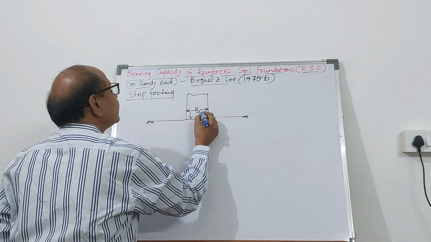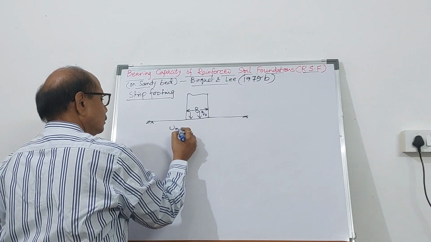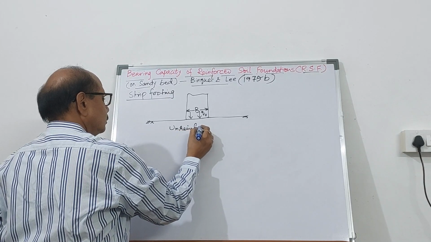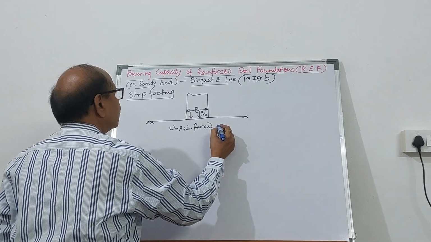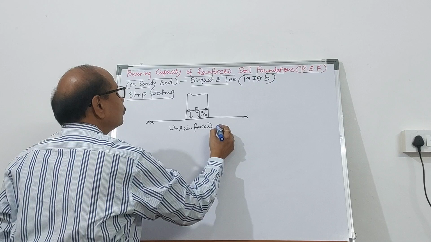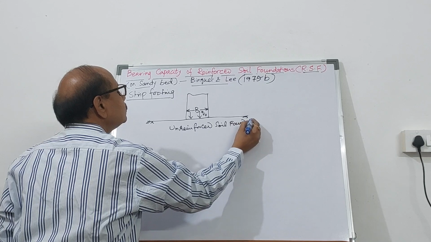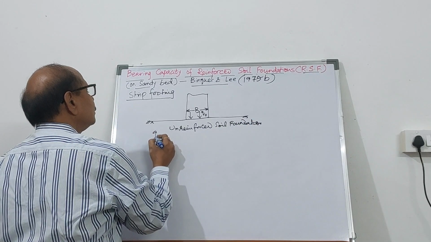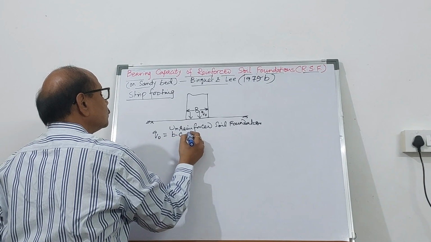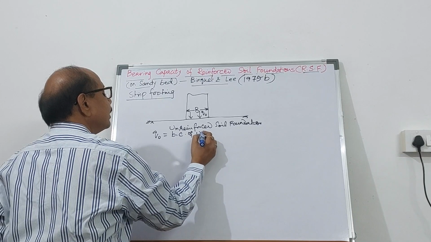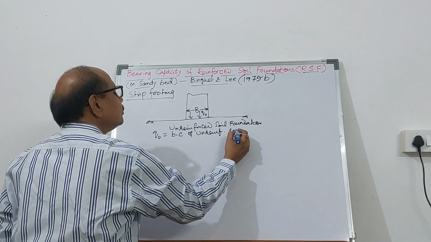This is the intensity q naught if it is unreinforced, on unreinforced ground or an unreinforced soil foundation. So q naught is the bearing capacity of the unreinforced soil foundation.